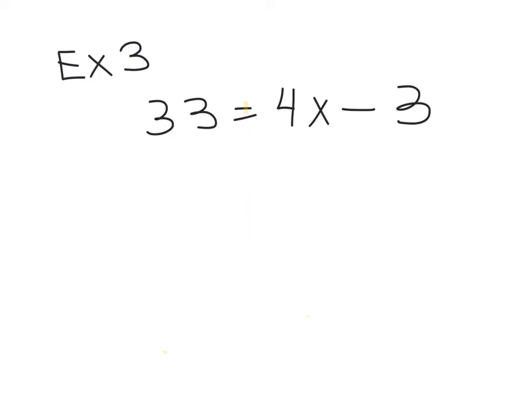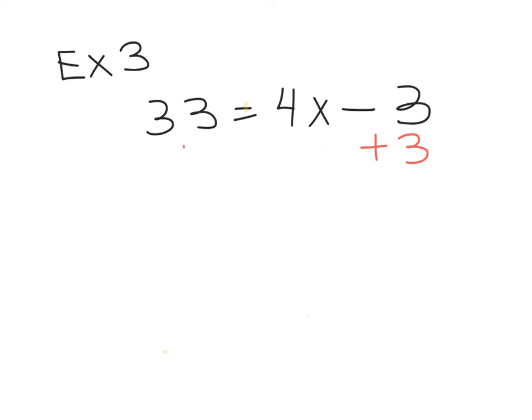Now what we're going to do is, remember, we start with adding and subtracting first, and we want to look at this side because we want to get the x by itself. So I can see that it has a subtract 3. Well, I want to do the opposite of that, so that means I need to add 3.